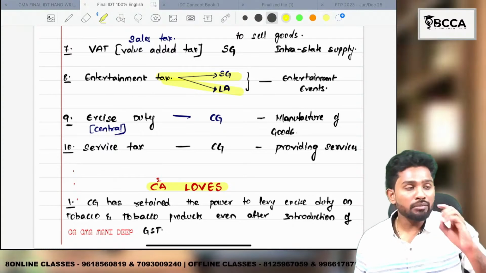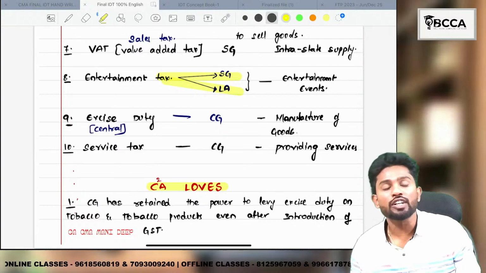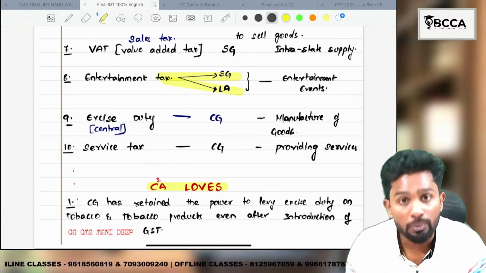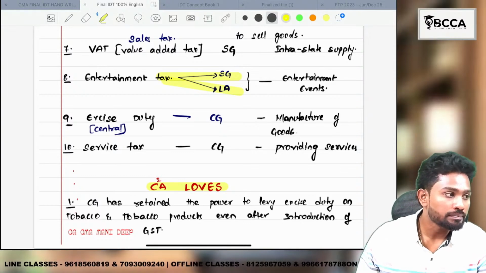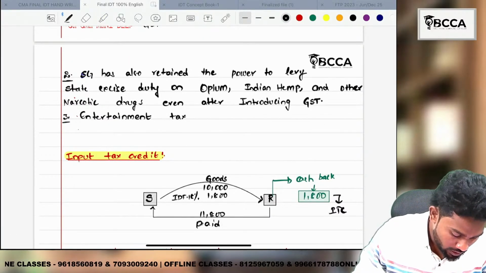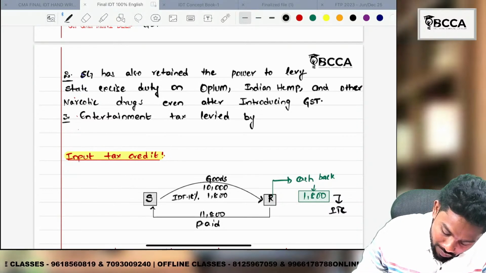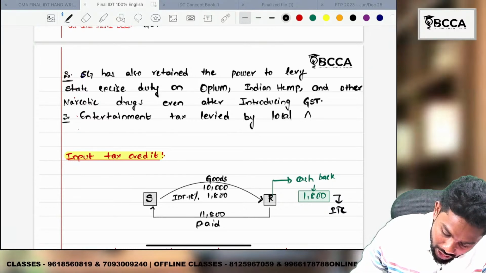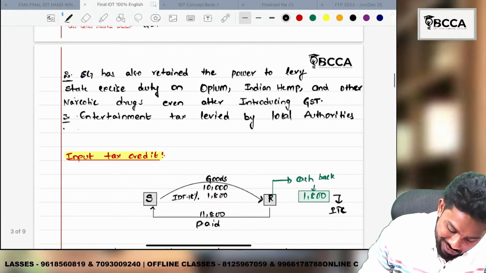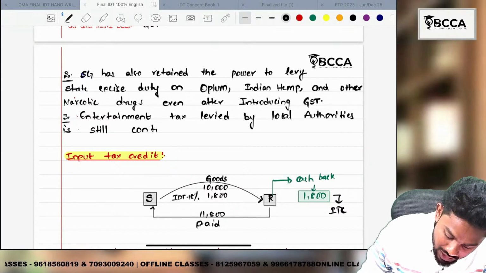So that entertainment tax levied by local authorities is still continuing even after introduction of GST. Only the entertainment tax levied by state governments is subsumed into GST. So entertainment tax levied by local authorities is still continuing.